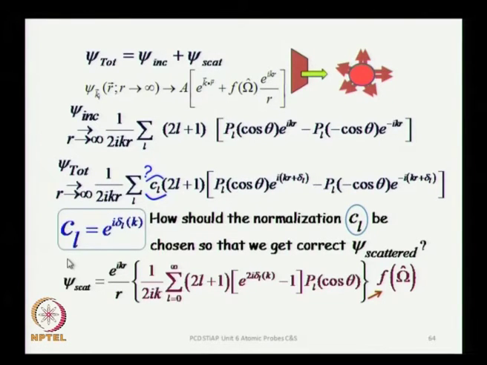All you need is to put CL equal to e to the i delta L. That is all you need to do. If you put CL equal to e to the i delta L, that is it. Do you see it?